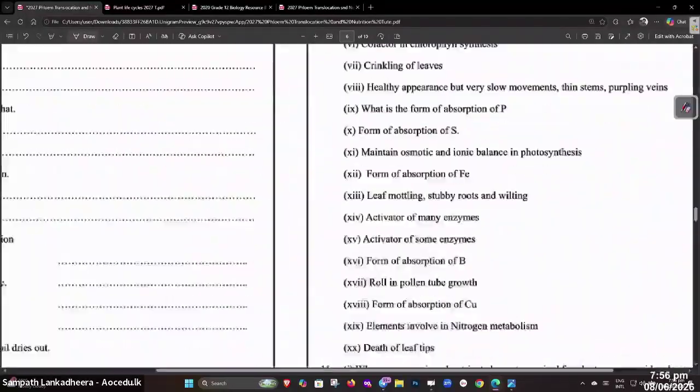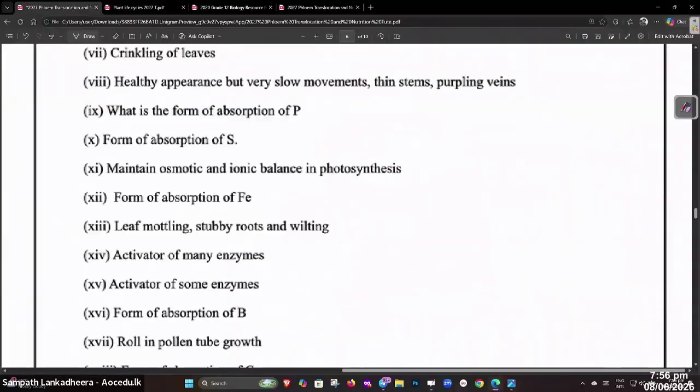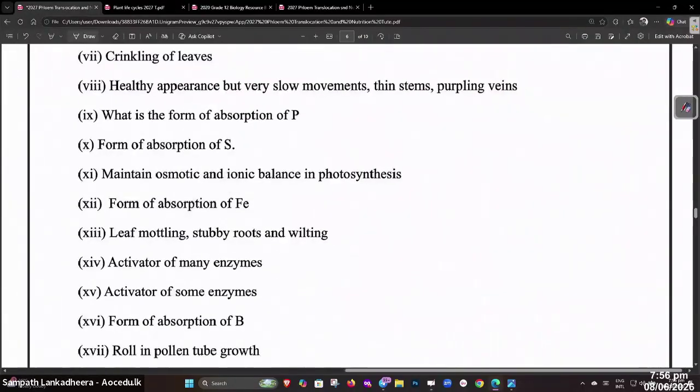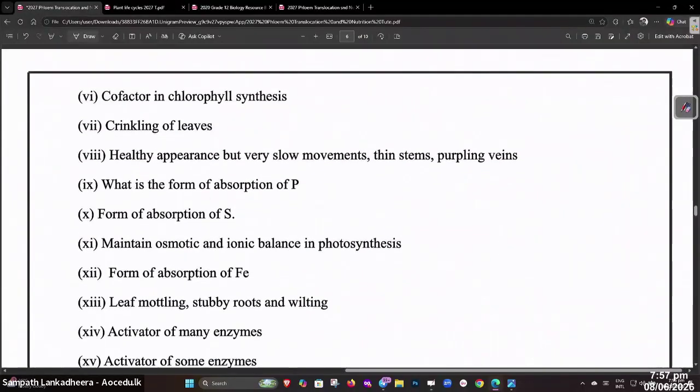Page number 13, hurry. Right? Cofactor in chlorophyll synthesis. Come on, what is it? Cofactor in chlorophyll synthesis. What is it? Boron.